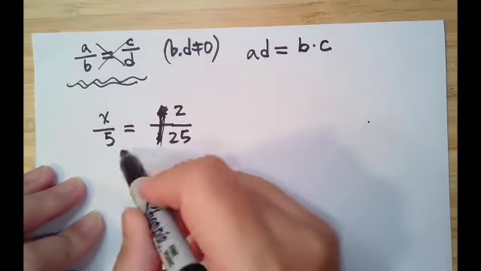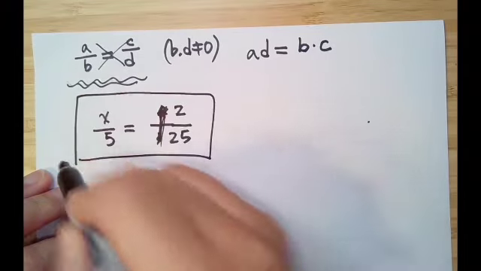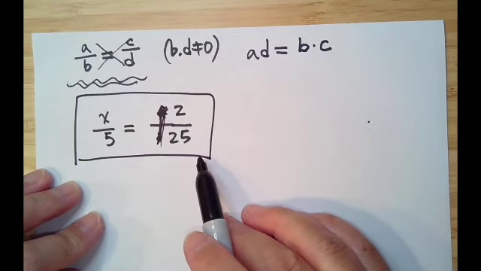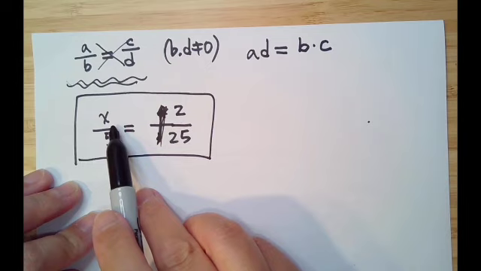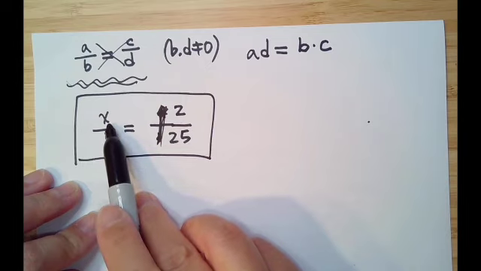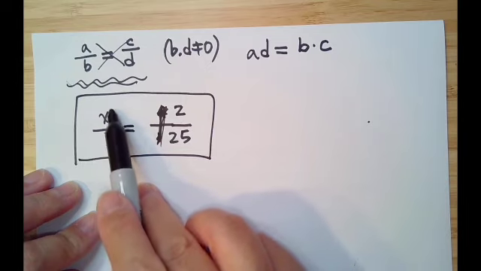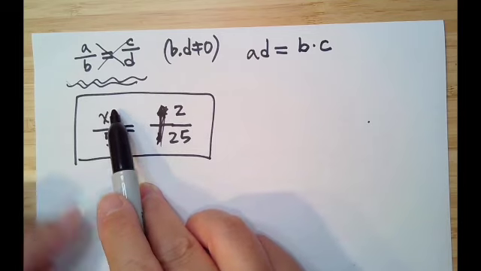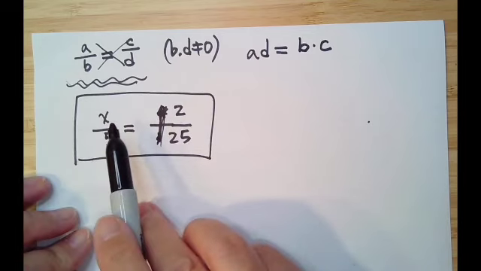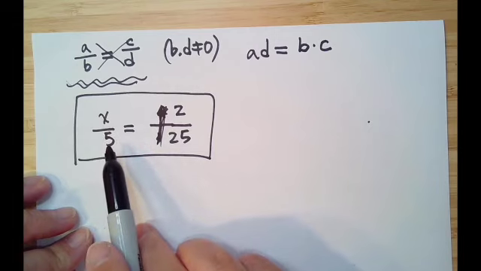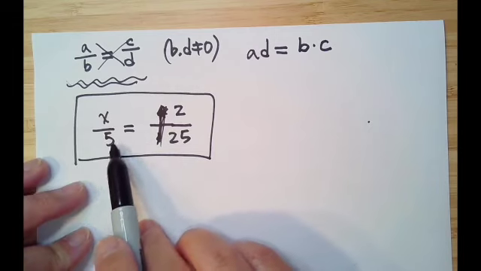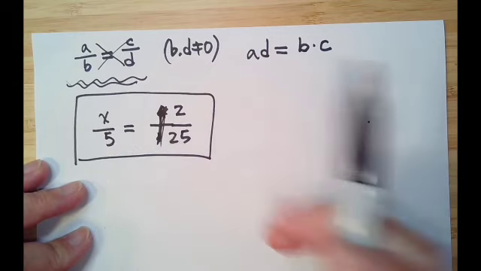This is also an equation. This is a linear equation because here we have the x term and the x exponent is just 1, no x squared, no square root of x, and no x in the denominator. So that will be the linear equation. So we have x over 5 equals 2 over 25.